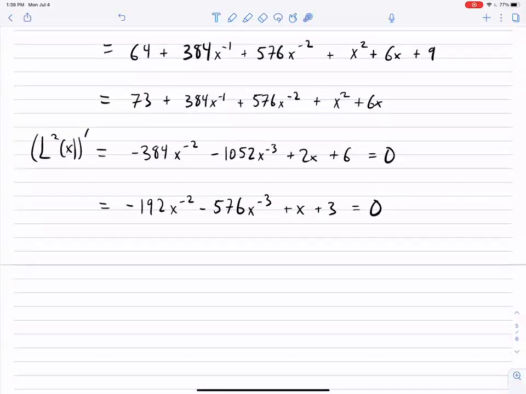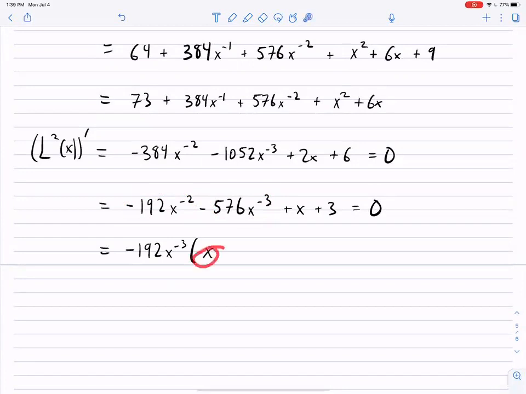And then, this is actually just super kind of coincidental, but I noticed that this and this both have a negative 192 x to the minus 3 in it. If I pull a 192 x to the minus 3 out of both of those, what's left over is going to be an x, right?